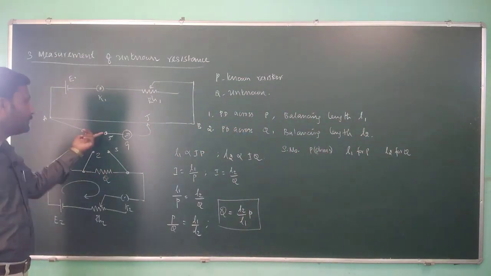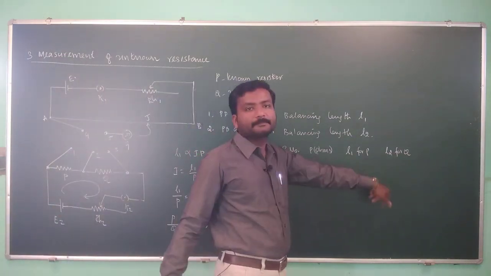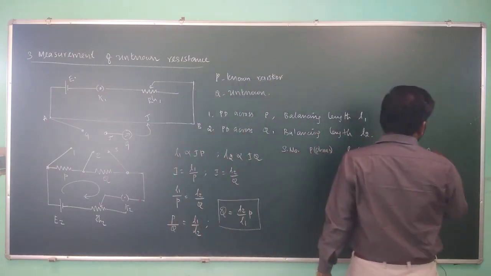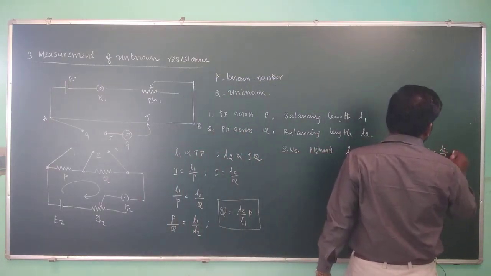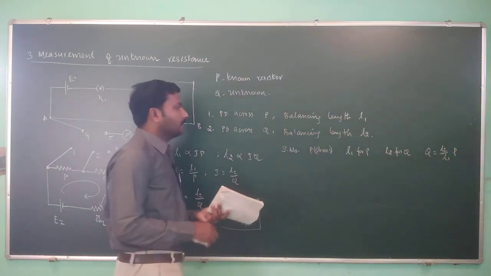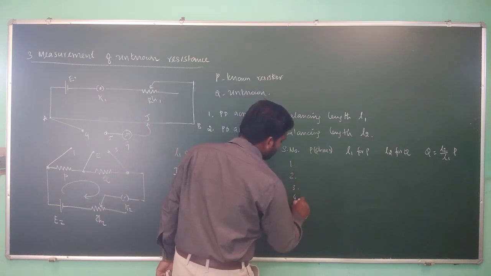When Q is connected, we calculate the balancing length L2, for different values of P. Then we apply the formula Q equals L2 by L1 multiplied by P, and calculate it for several values.